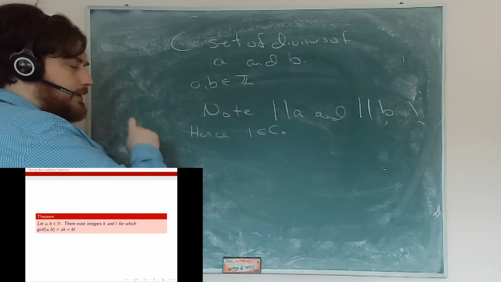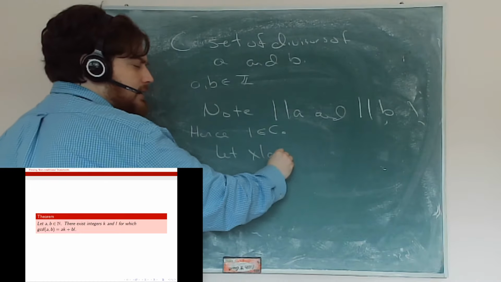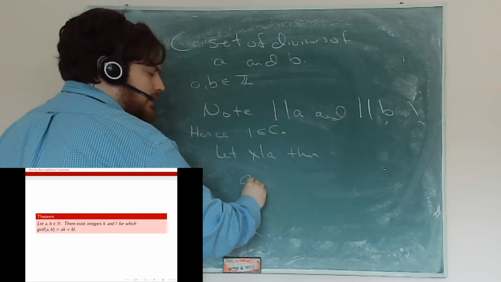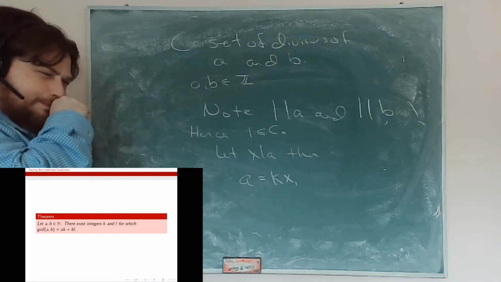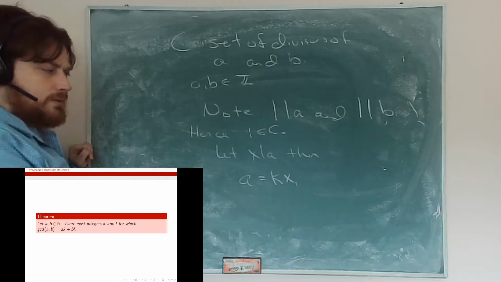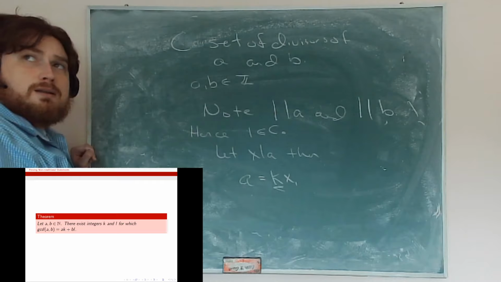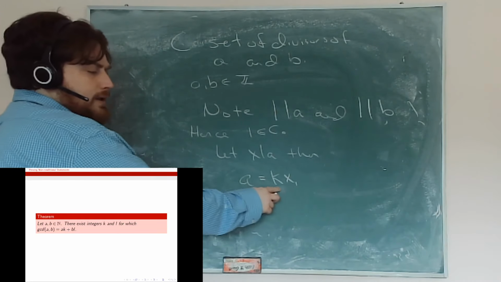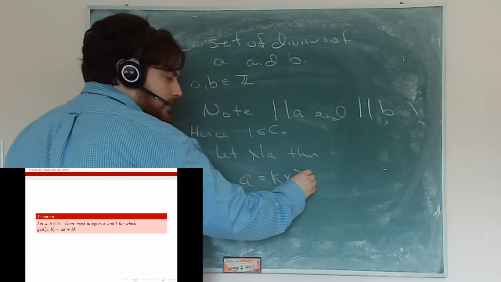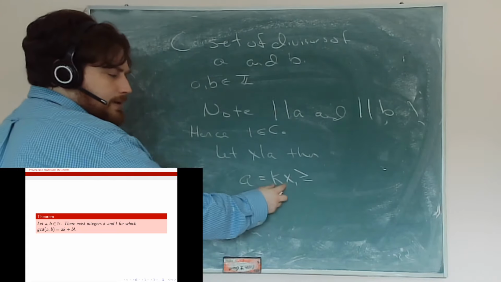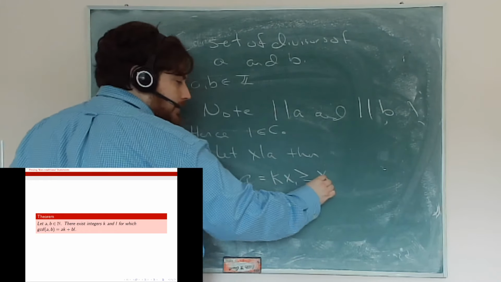Now, the next thing I want to note is this: let's say x divides A. Then A is equal to k times x for some integer k. If I look at k times x, because k is greater than or equal to 1 in absolute value, this is going to be greater than or equal to x.